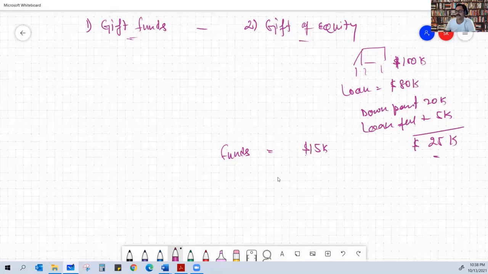Or it could be 15,000 funds in my checking and savings account and the rest of the 10,000 is missing. Obviously, as a lender, we are going to ask the borrower, you have only 15,000 in your savings account, where are the rest of the funds? How are you going to close this transaction? The borrower might say, I'm getting a gift of funds, meaning 10,000 will be gifted by someone else.